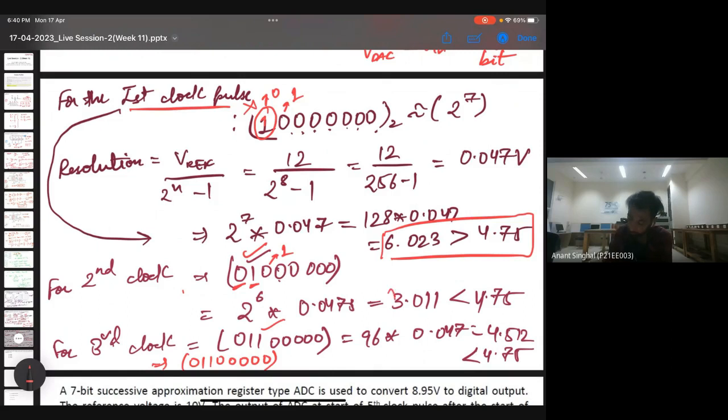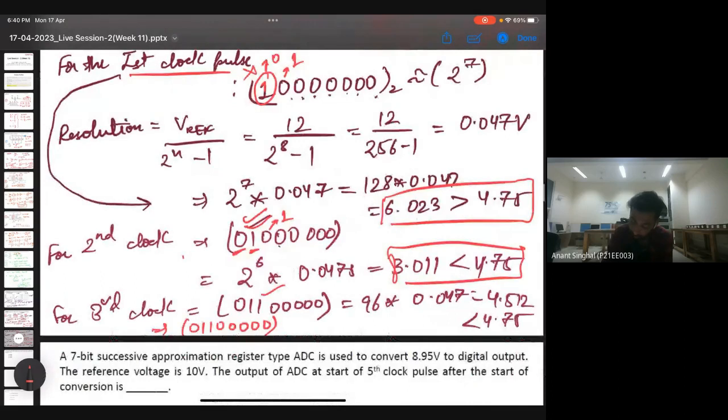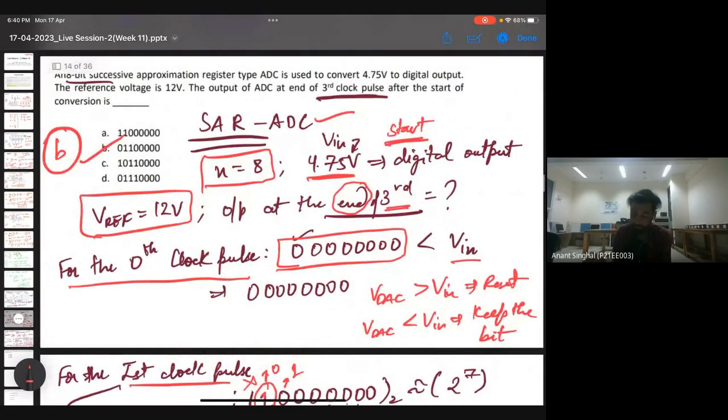For the next bit, it was less than, so we have kept this one now. And for the end of the third, we have kept this one. If we check this one, this was also less than, so we have kept this one also. So the final answer after the third clock will be 0110 0000, which is option B. We'll start the next problem in 2 minutes.